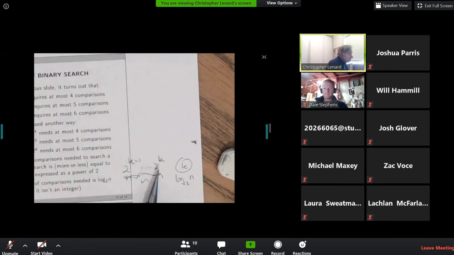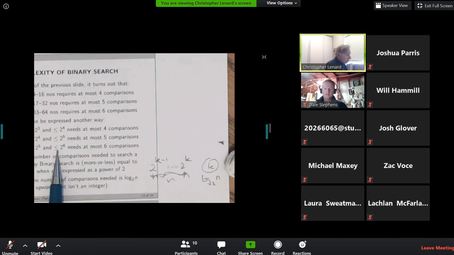So if your n is anywhere between 2 powers of 2, then the greatest number of comparisons is that exponent, so 2 to the 6 here. That'd be k steps, and 6 is the logarithm base 2 of 64. So basically, you're looking at effectively log base 2.